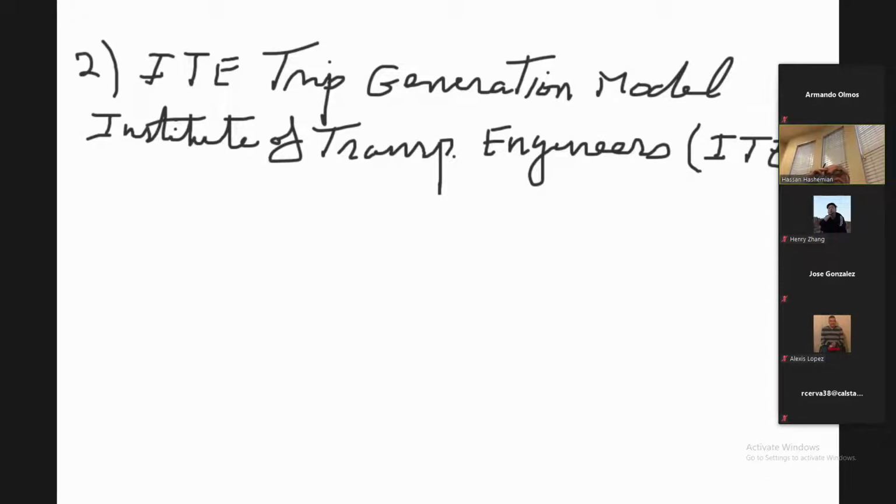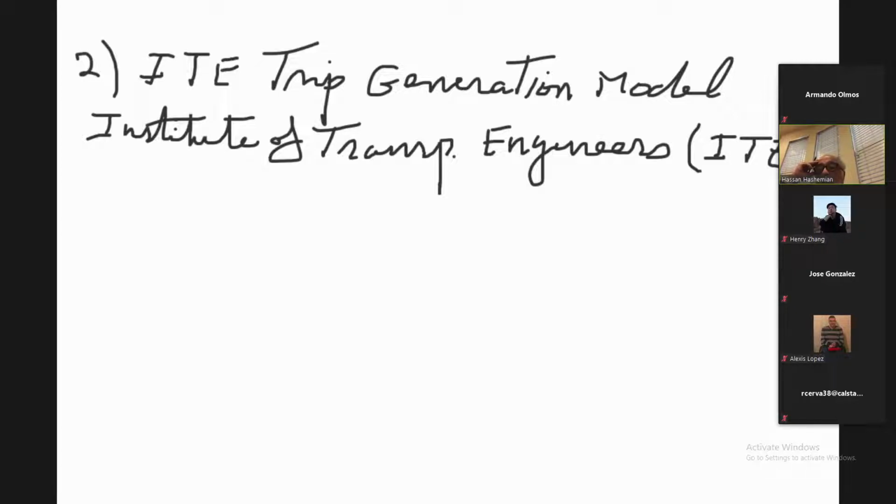It's like ASCE. It's a student organization we have on campus too. We call it the ITE Student Chapter. You can be a member of it. The ITE does a lot of things.